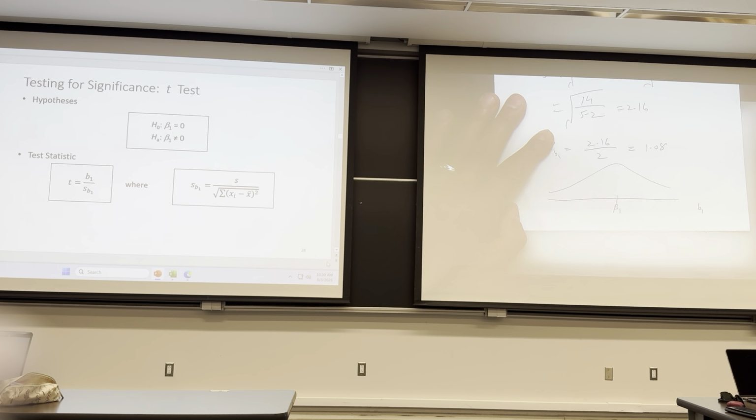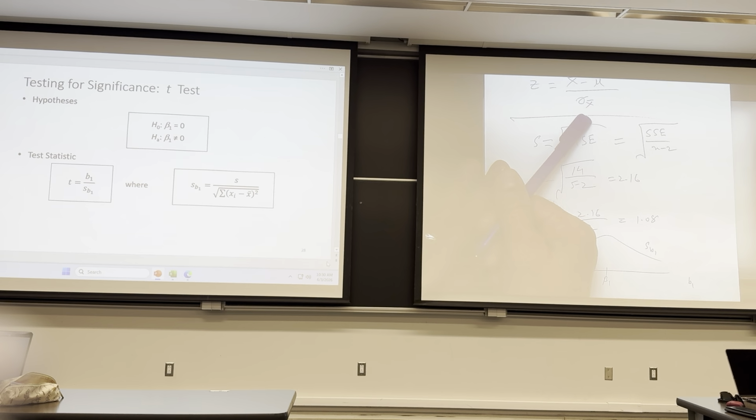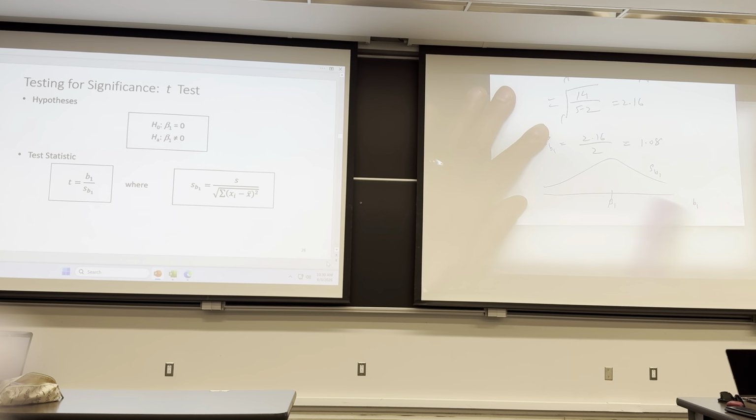So I'm dealing with the distribution of sample slope, which has mean equal to population slope and standard deviation equal to S_B1. Just like what you did earlier: there I was dealing with sample mean, so this is the standard deviation of sample mean. Here I'm dealing with sample slope, and this is the standard deviation of sample slope.